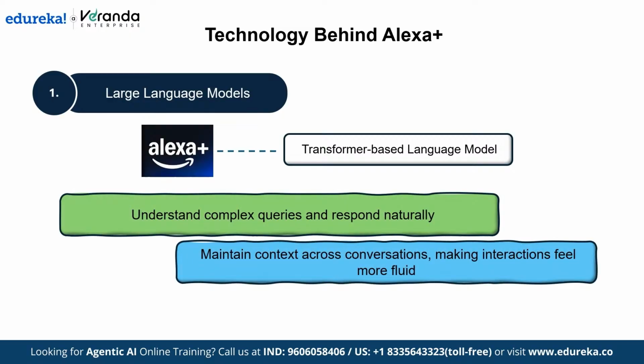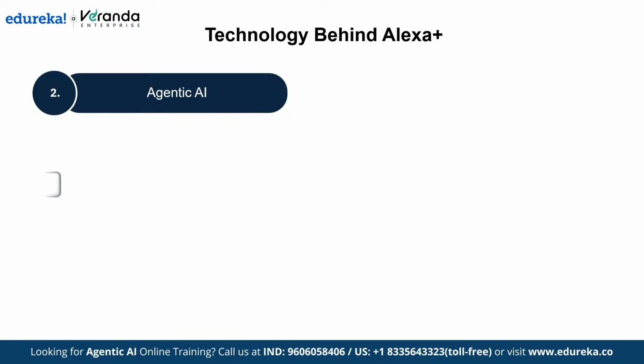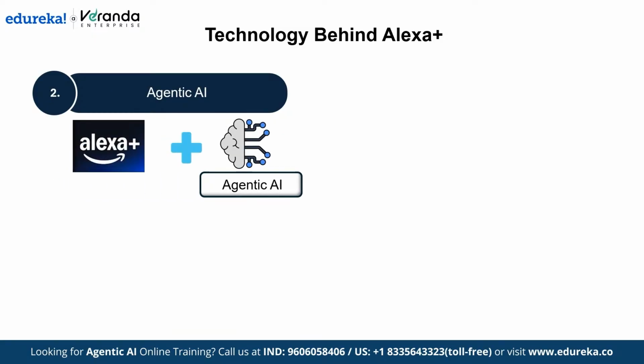They also maintain context across conversations, making interactions feel more fluid, and generate human-like responses, reducing robotic and repetitive phrasing. And by using techniques like reinforcement learning with human feedback, Alexa Plus continuously improves its conversational ability based on real-world interactions.